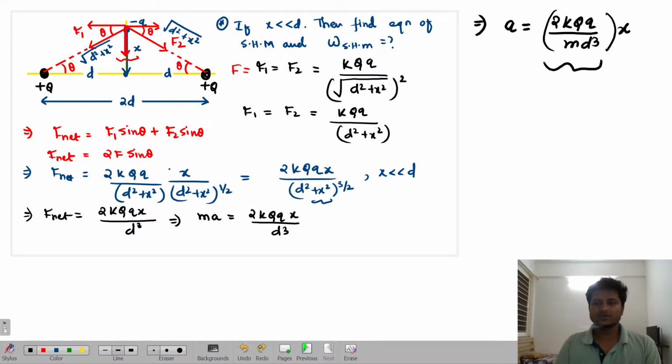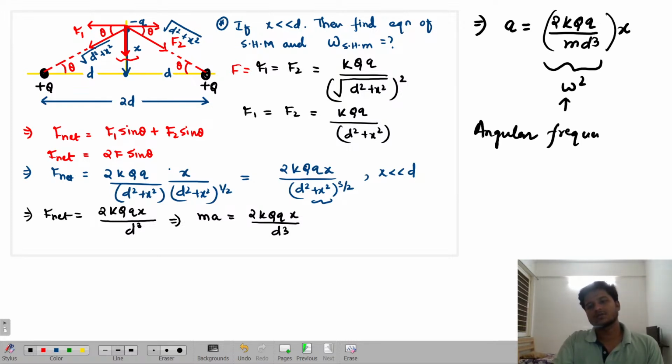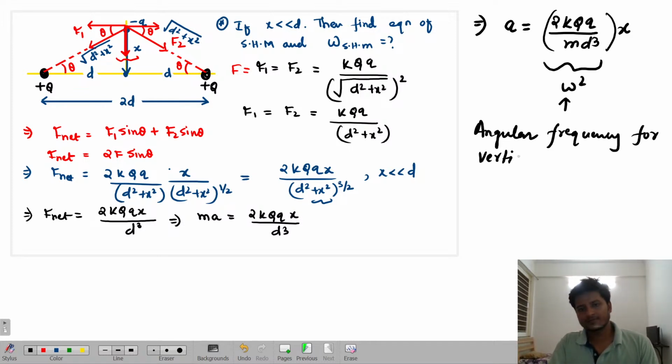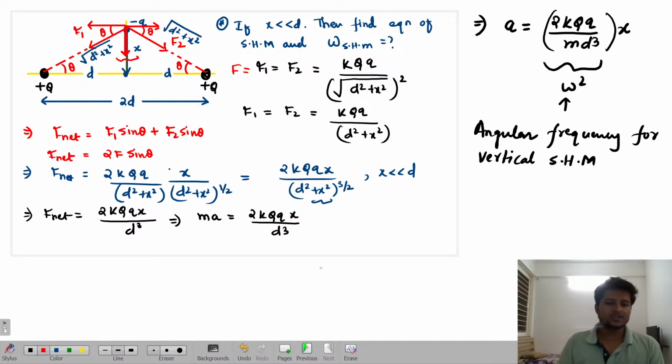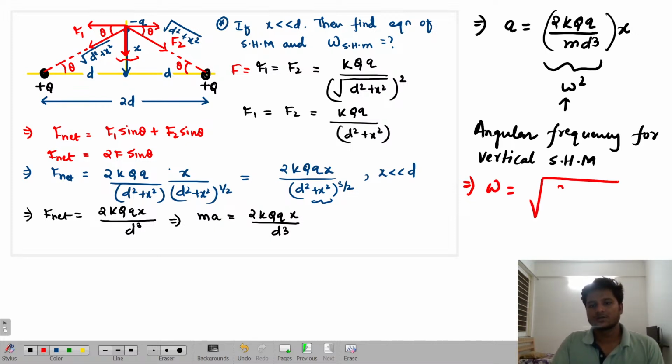But this is omega square for the vertical oscillation, the angular frequency for vertical SHM, isn't it? And this provides us the answer. What can be the angular frequency in the vertical case? So omega will be root under twice k capital Q small q divided by m d cube.